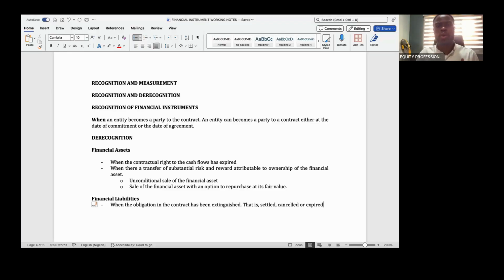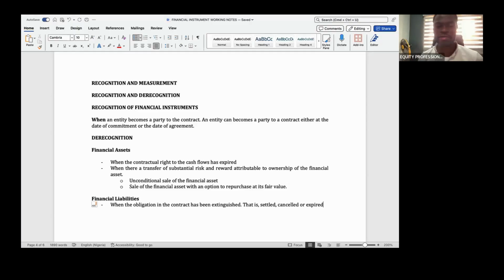But after like 1 year, they already have that money. They are ready to settle, but they have not settled, but the money is there. They already kept it so that we can settle as soon as that period comes. So because the money to repay that liability is on ground, for that reason, they derecognize that financial liability. That was what the scenario told us.